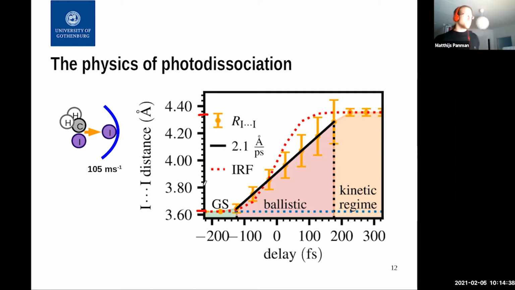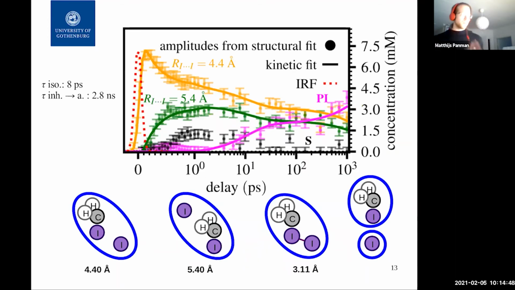Now, this is all good as we can look at the physics, but what are the consequences for the chemistry of the reaction? From the same structural fits I showed you before, we can also obtain the amplitudes of the species at every time point. So we devised a model to fit the time-dependent concentrations of the different species.